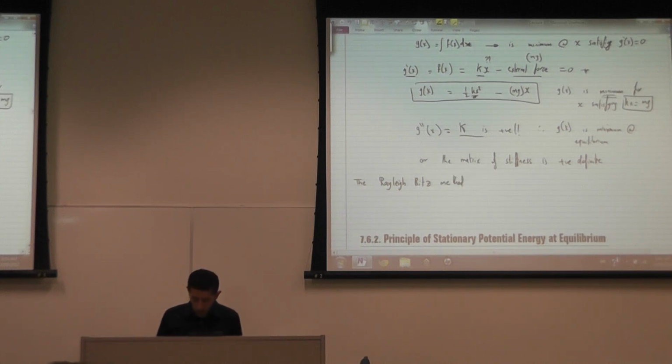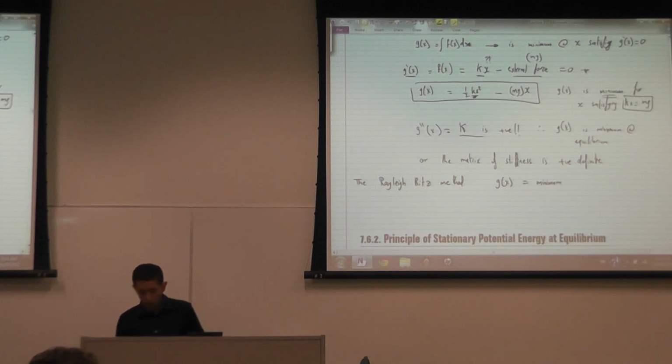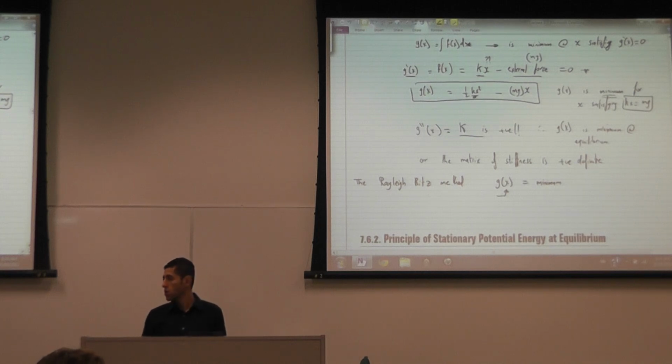Instead of saying g of x equal minimum, where x is what I'm looking for, I'm going to assume a certain form for x, within the space of a certain functions, within the space of possibilities, polynomials, cubics, whatever. I'm going to put here the possible or allowable forms.